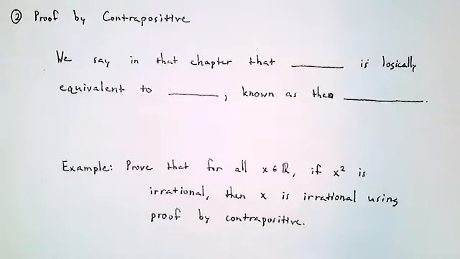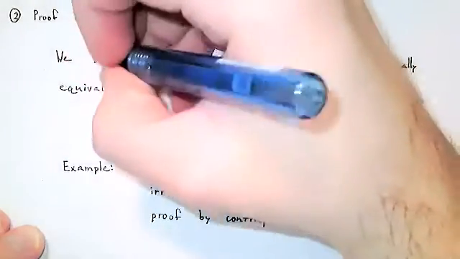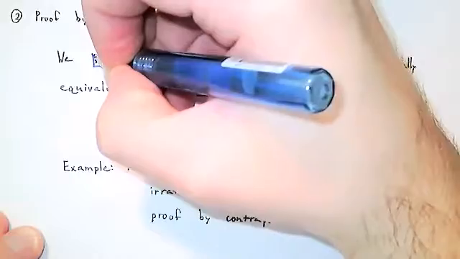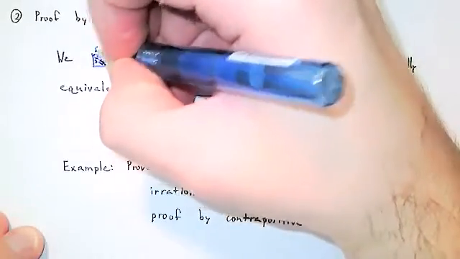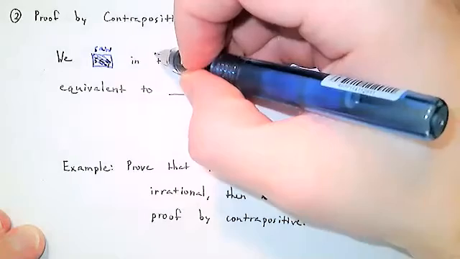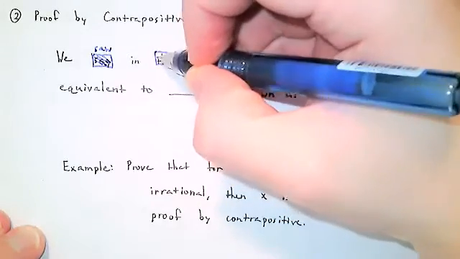Proof by contrapositive. And it looks like I mangled my sentence again. Several mistakes slipped into this set of notes. This should say, we saw it in chapter 1.